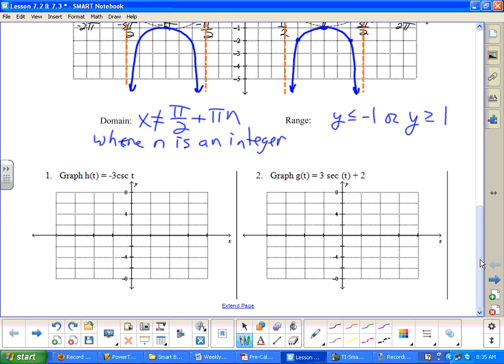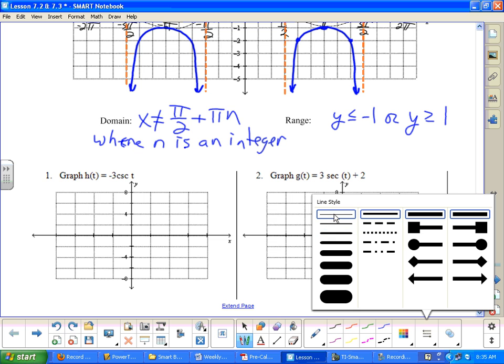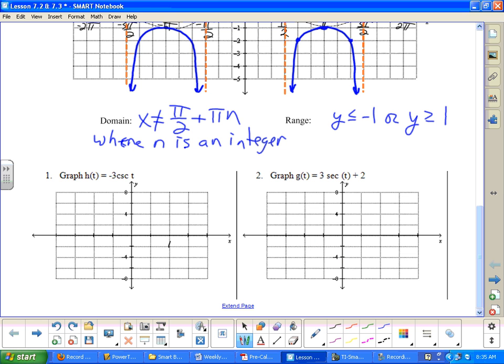So our graph then, first of all, since we're doing cosecant, we put our scale on here. So we're going to do pi, 2 pi, negative pi, negative 2 pi. Right.